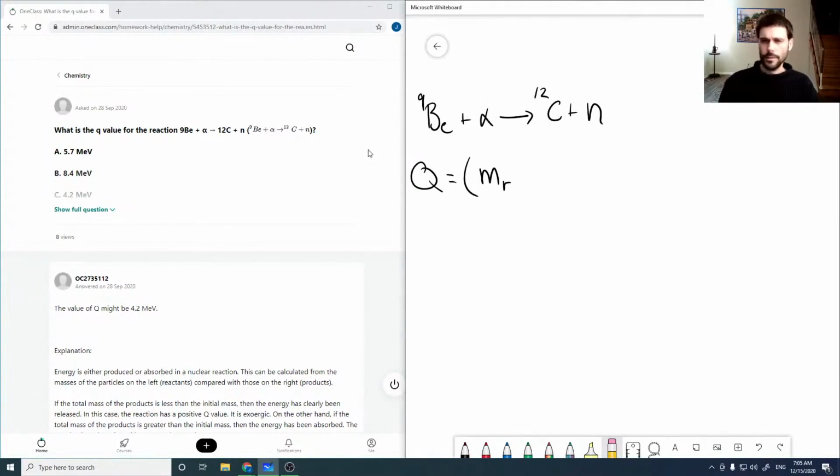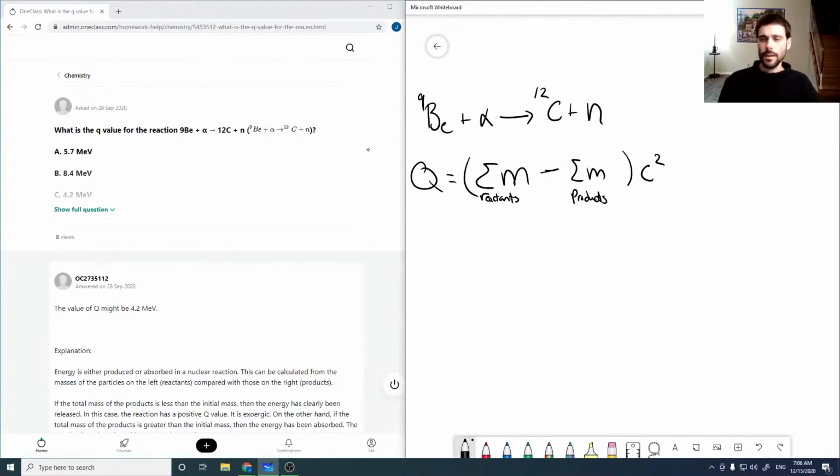I'm going to put the sum of the mass for reactants minus the sum of the mass for the products times C squared.